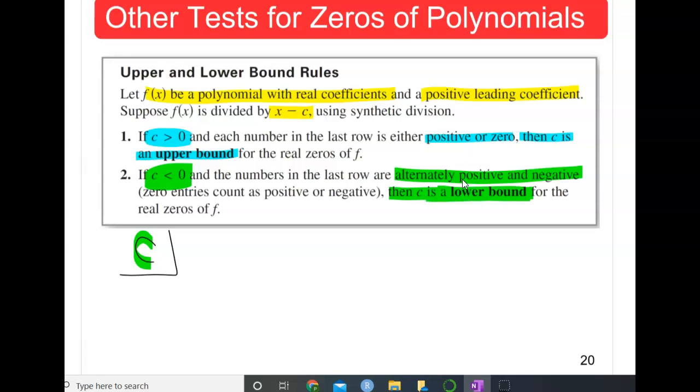If you see alternating signs, positive, negative, positive, negative, in your last row. And for the other one, it was either positive or 0.